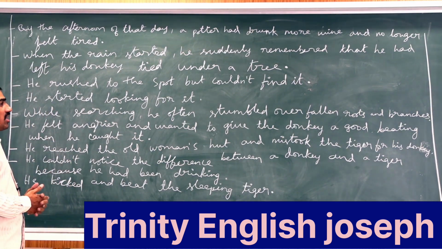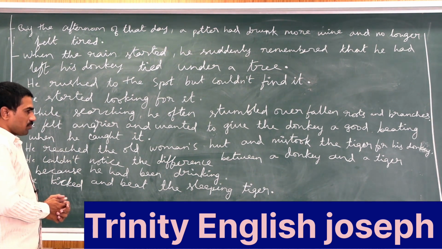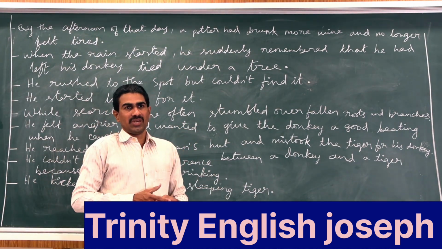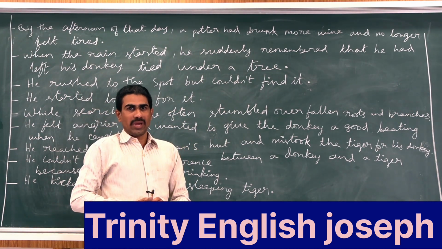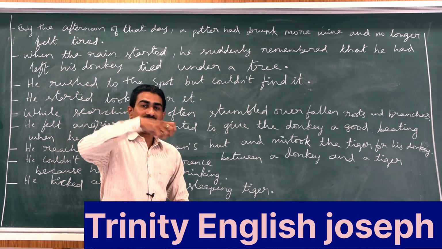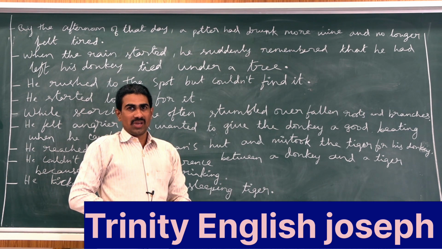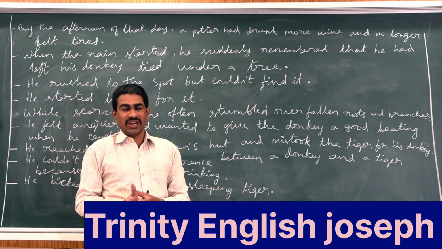While searching, he often stumbled over fallen roots and branches. And he did not search only around his house. He started searching all around. And for his ill luck, there was a forest just near his house. He started going into the forest. As you know, a forest is very clumsy with all the roots, trees and everything.